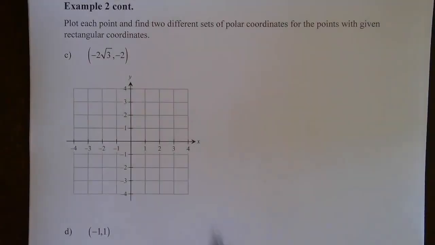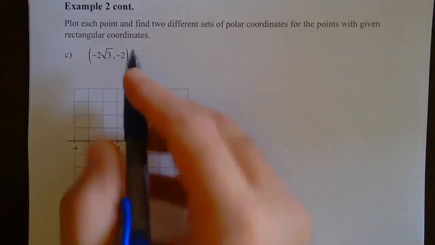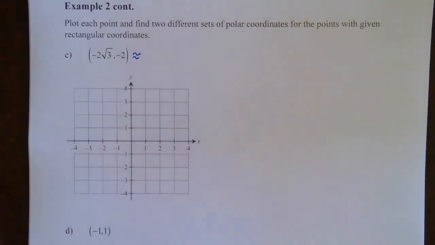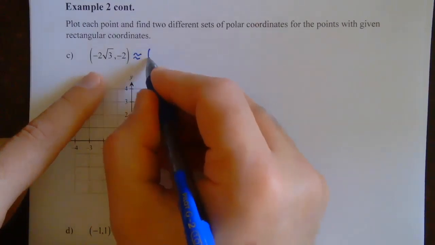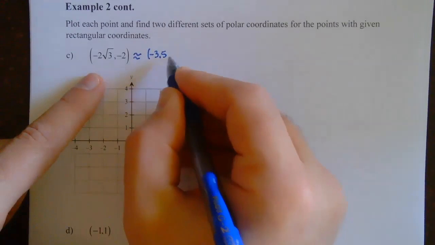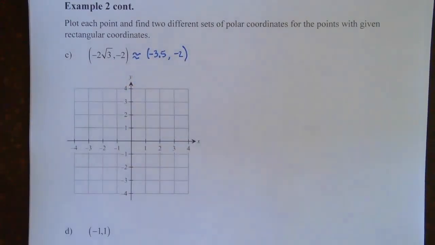Okay, so for this next one, we are at negative 2 square roots of 3, comma, negative 2. So that's roughly negative 3.5, comma, negative 2. We can really only graph to the tenths place, kind of accurately, okay?